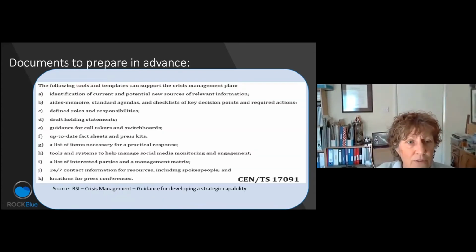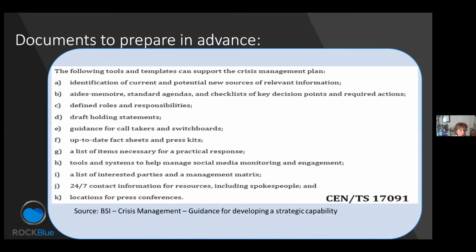So these are some of the documents which you might need to think about in advance. So where can you get information for all sorts of things? Standard agendas. You may want a weekly update from everyone. What questions will you ask? You want to document when you can relax, for instance. I mentioned roles and responsibilities.